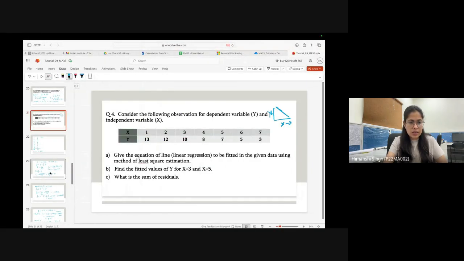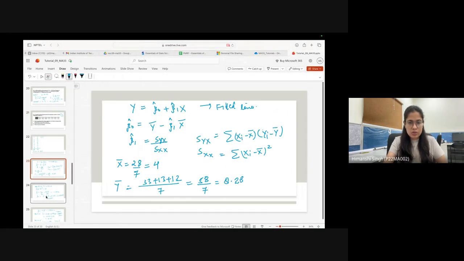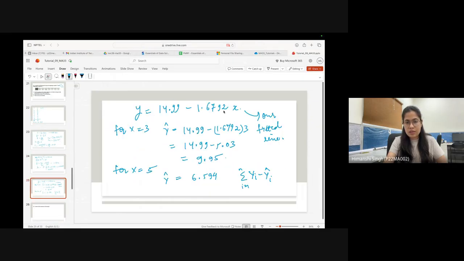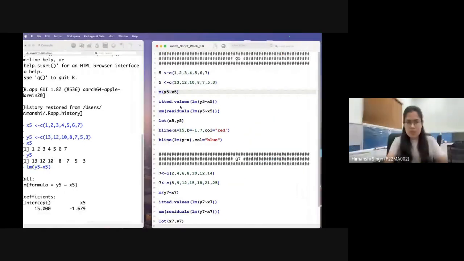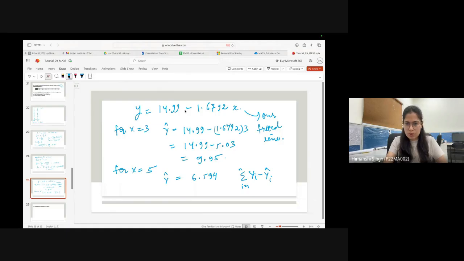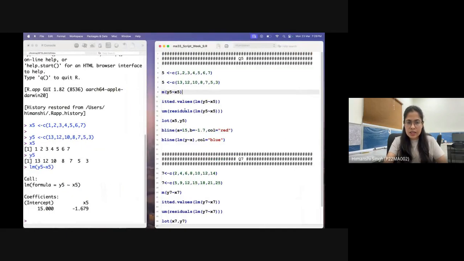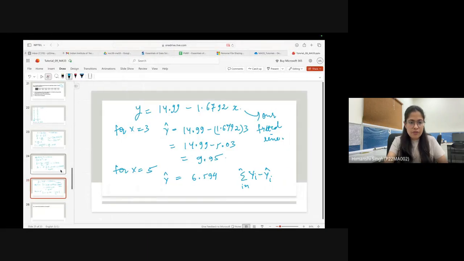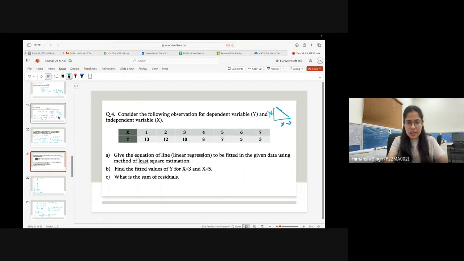Whereas in our calculation the slope is also 1.6792, and the intercept is 14.99, which is approximately the same. So here also we are getting the same equation, but in a different format. It shows the coefficients, and you have to work out the equation from them.